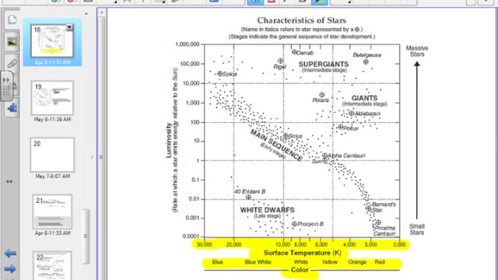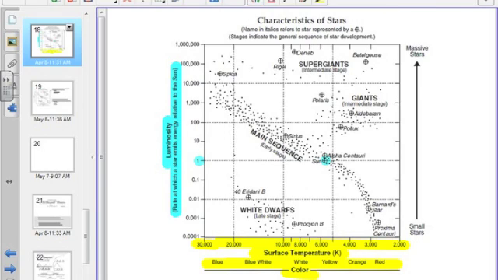Now if we take a look at the y-axis, we see the label luminosity. Luminosity refers to the brightness of a star. But in this case, it is a relative term. It is compared to the brightness of our sun. So at a value of 1 in terms of luminosity, you will see that is where our sun is placed.